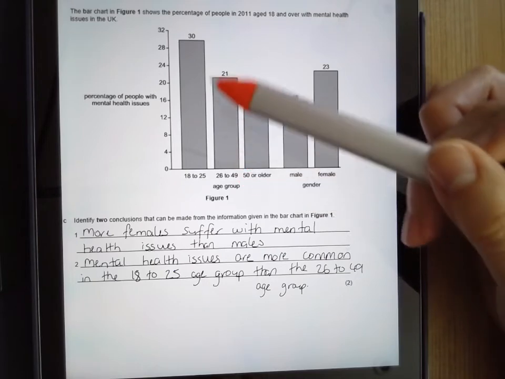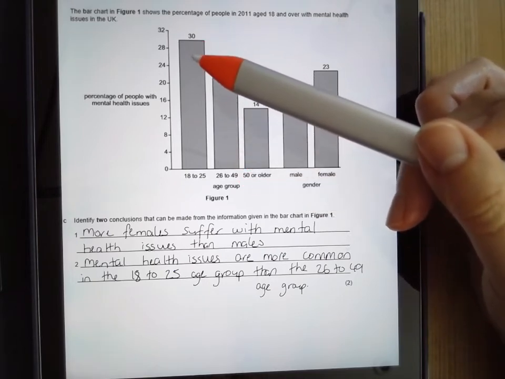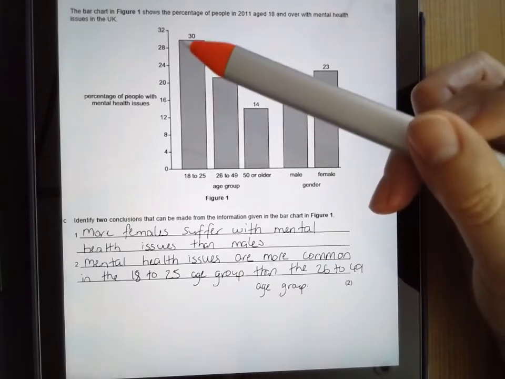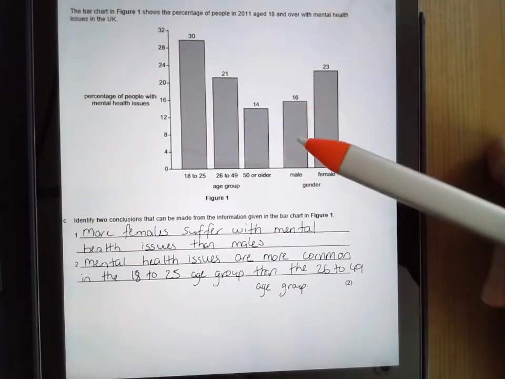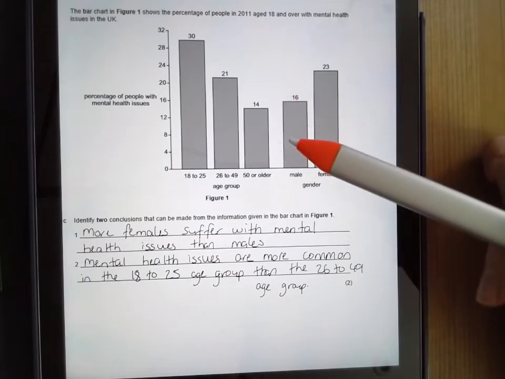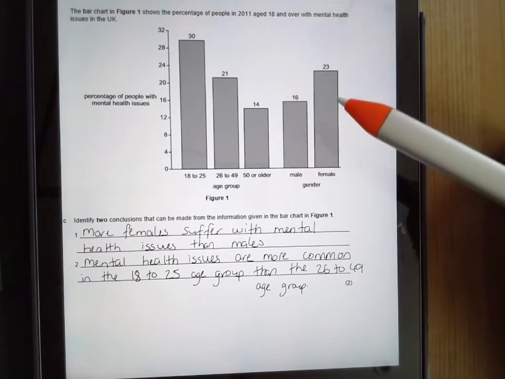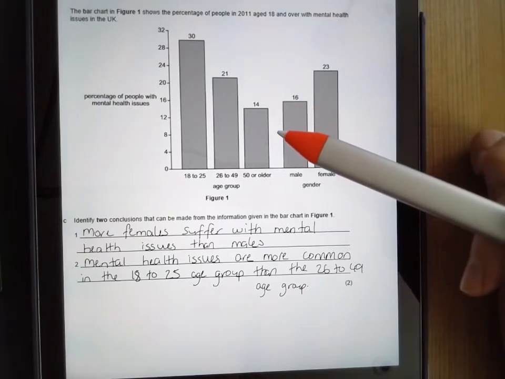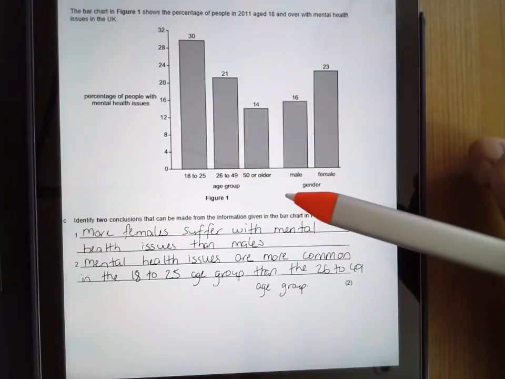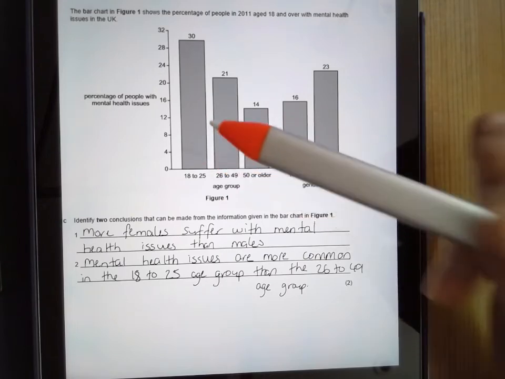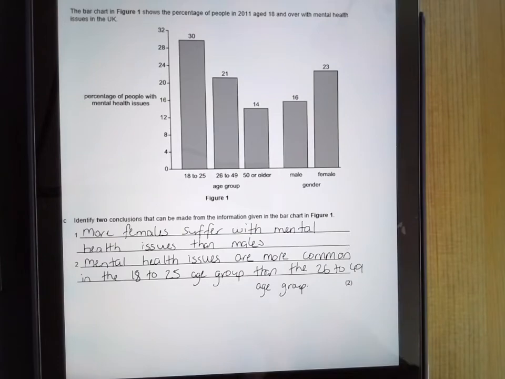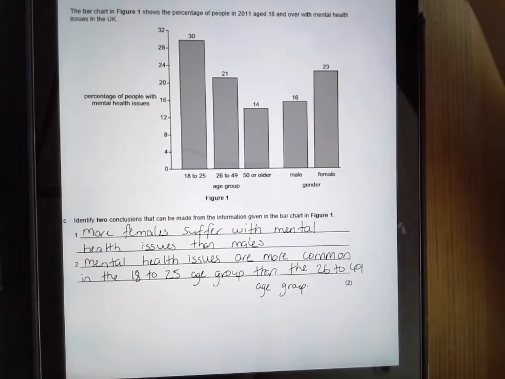You could say mental health issues are less common as you get older, or more common when you are younger. You can say that there are less males with mental health issues than females. You can quote the actual percentages in your answer, although it's not required. There's lots and lots of acceptable answers here, but they just have to be 2 different points taken directly from the graph. So if you've got 2 reasonable answers, give yourself 2 marks.